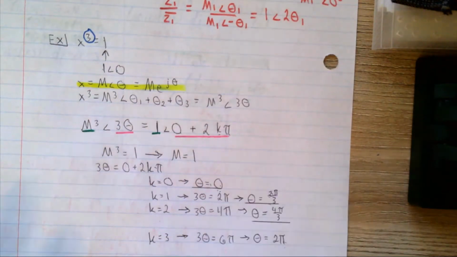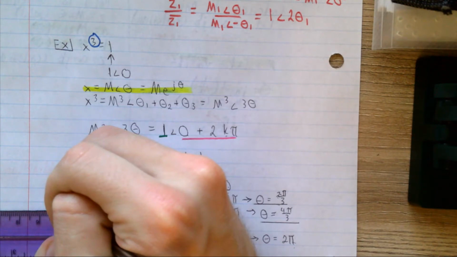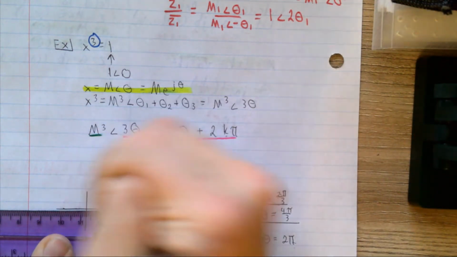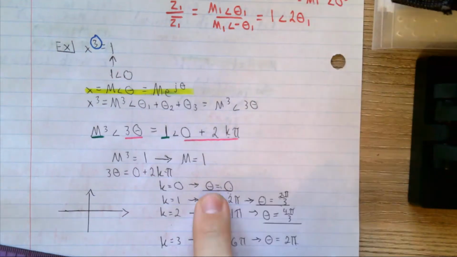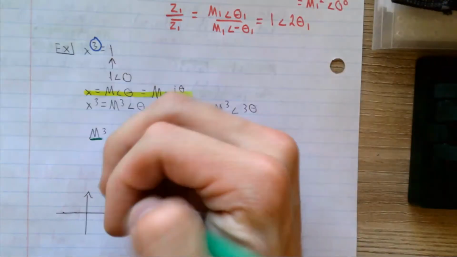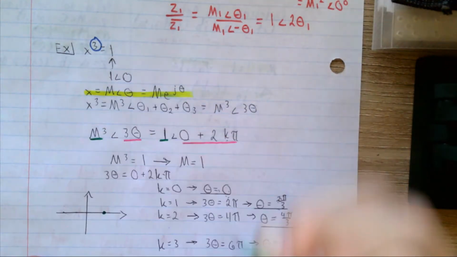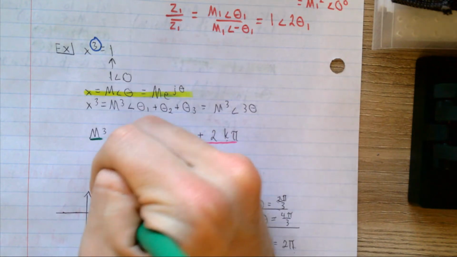And so if we're going to plot this specifically, what it's going to look like is, well, the first one is at an angle of 0 and the magnitude is 1. And so let's just say that's my magnitude of 1, and then the angle is 0. So 1 angle of 0. This one here is 2 pi over 3 and the magnitude is 1.